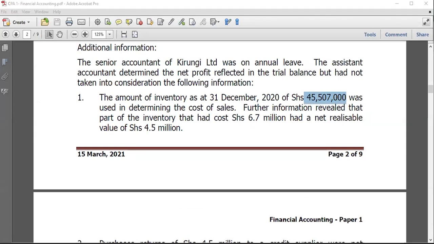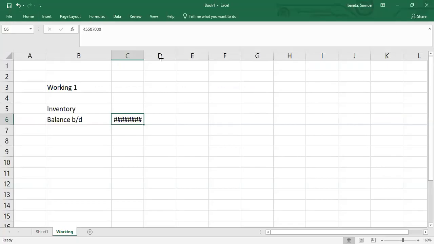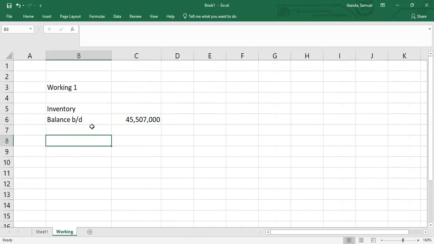That is the value of inventory, which is our balance brought down. So then we have to adjust. Because they're telling me that there is inventory worth 6.7 million that has now become 4.5.